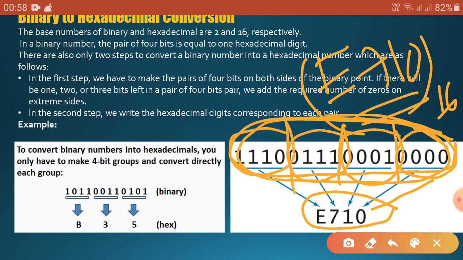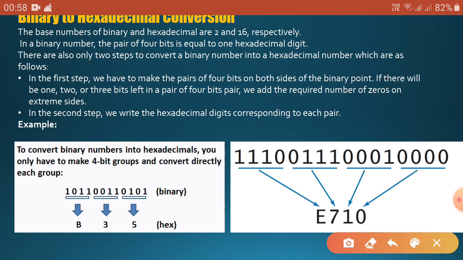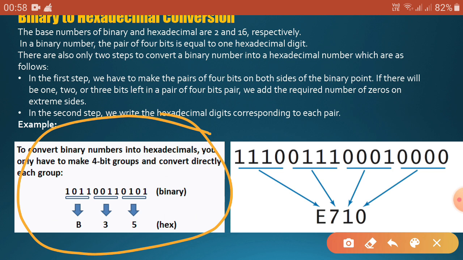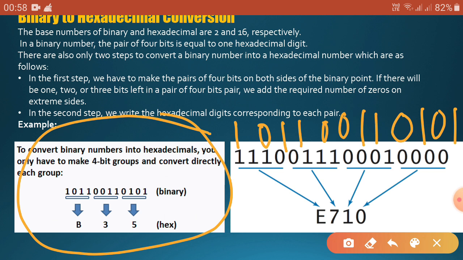Okay, got it? So here another example is given. So suppose the number is 1 0 1 1 0 0 1 1 0 1 0 1, already given to me. Okay, so what to do? First we have to make the groups of 4 digits or bits.